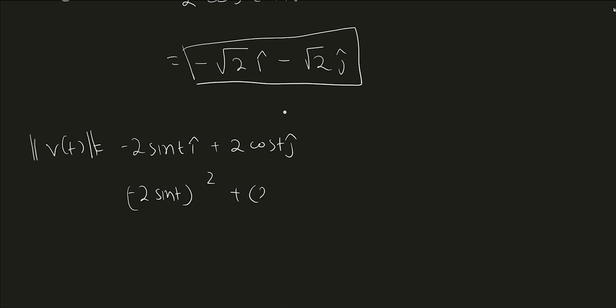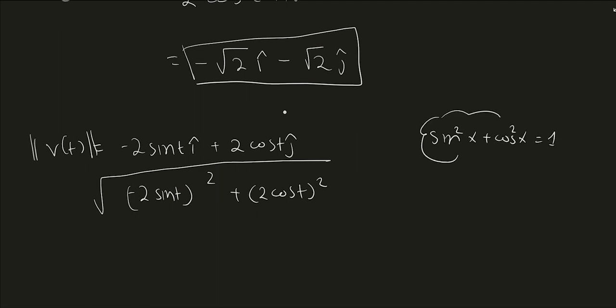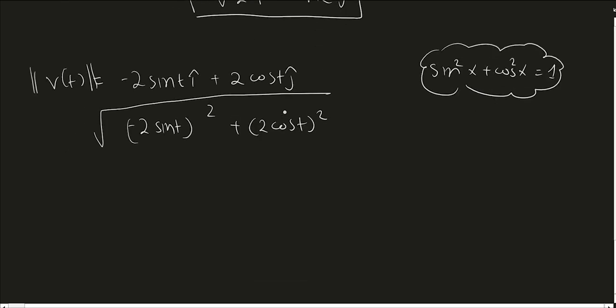the square root of (negative 2 sine t) squared plus (2 cos t) squared. For this you have to remember a trig identity, which is simply sine squared of x plus cos squared of x equals 1. Now applying this trig identity, first of all we're just going to remove these squares.